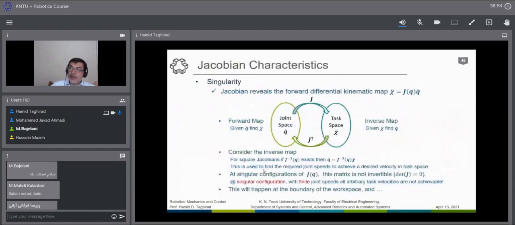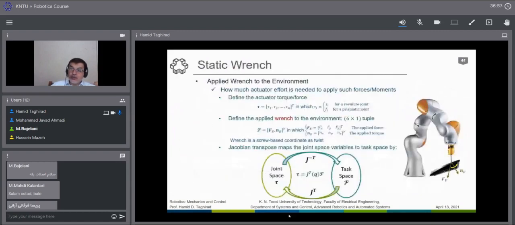Let me go back here, to remind you that the Jacobian transpose was with this relation. If we have the task space, we could find the joint space quite easily. And the Jacobian inverse and the Jacobian transpose inverse are in the same direction. You know that any Jacobian and its transpose become singular at one single point, doesn't matter whether it is the Jacobian or the Jacobian transpose.